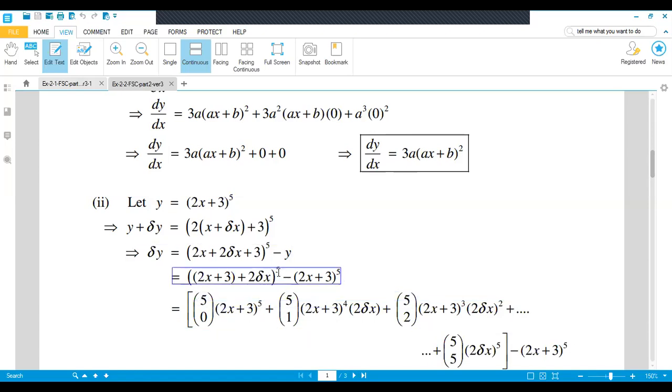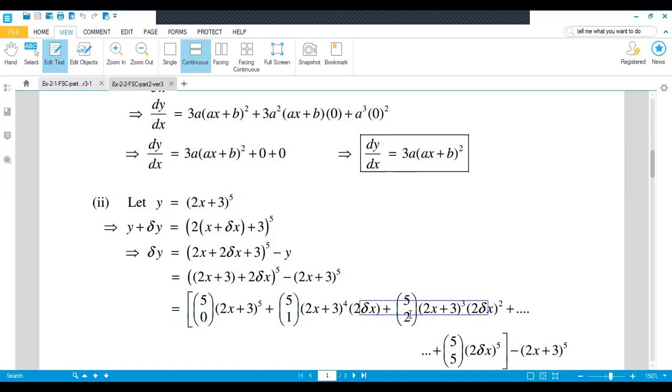Look, here power is 5, so 5 combination 0, the first value power 5 and the second value power 0. Anything power 0 is 1, that's why we didn't write it here. Then 5 combination 1, so from the first value power you subtract 1, so 5 minus 1 is 4, and the second value power 1.